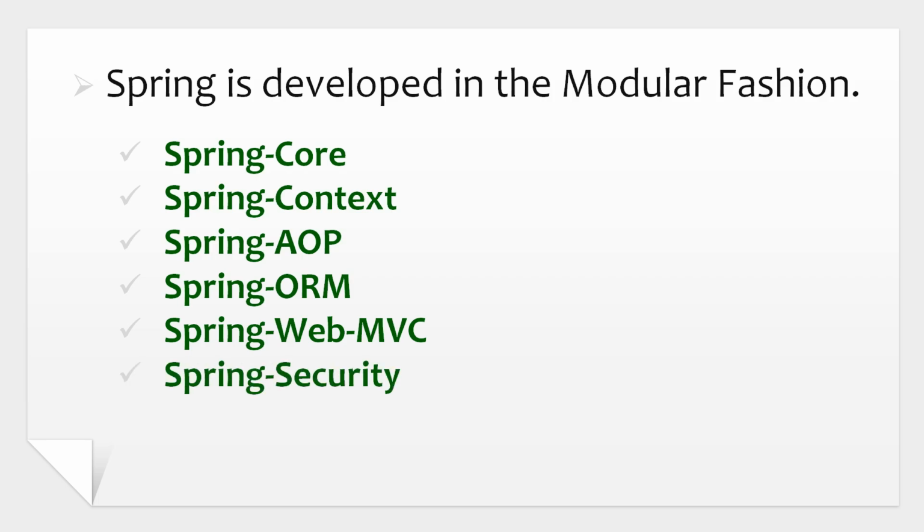Spring Security provides authentication and authorization and also provides security features for enterprise applications. Spring Batch will handle large-scale batch processing such as reading, processing and writing data in bulk, etc. Here, Spring Framework provides multiple modules.